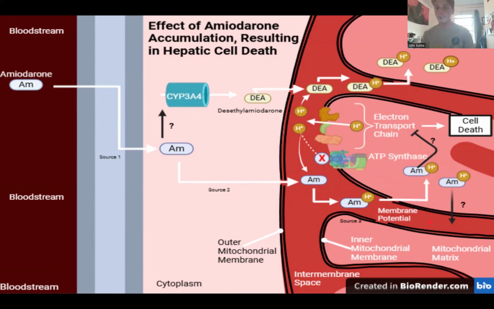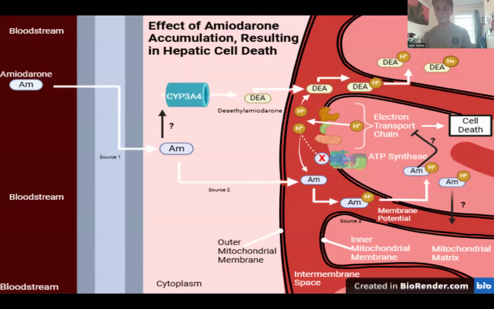Once it's in there, it ends up stopping the ATP making process, which is carried out by the electron transport chain and ATP synthase. When this is inhibited, ATP production comes to a stop and leads to cell death.